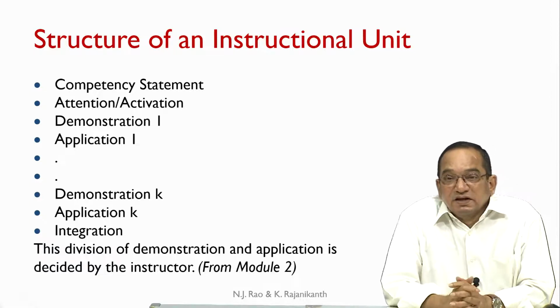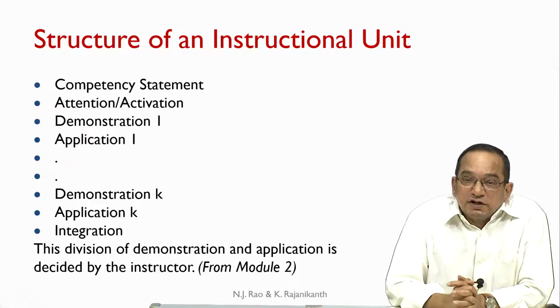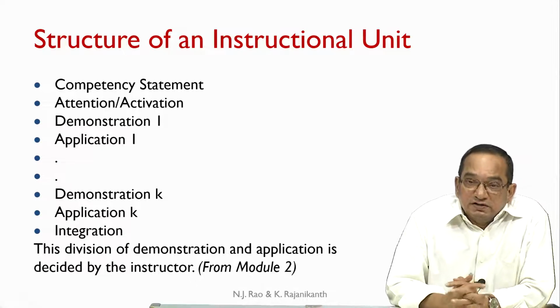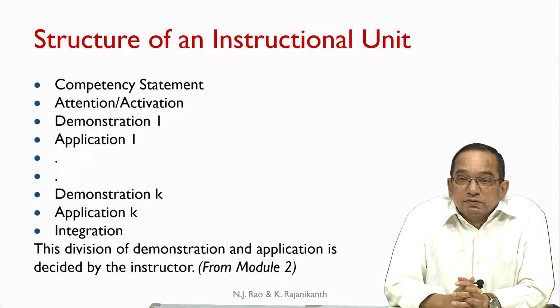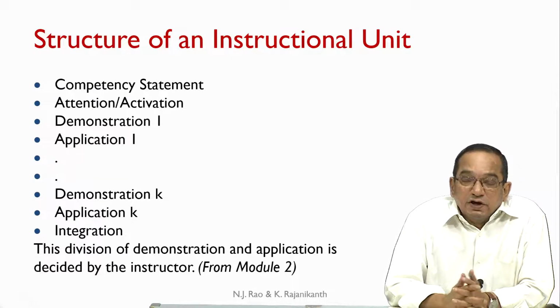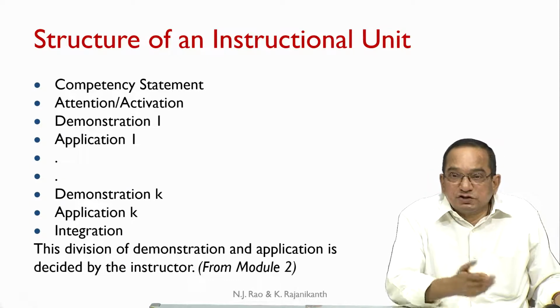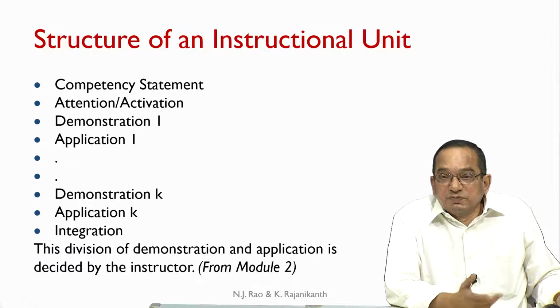It is again the discretion of the instructor. This, which we discussed earlier, we can now see is basically derived from Merrill's model. It implements Merrill's 5 first principles of learning. That is how this instructional unit structure was presented earlier.